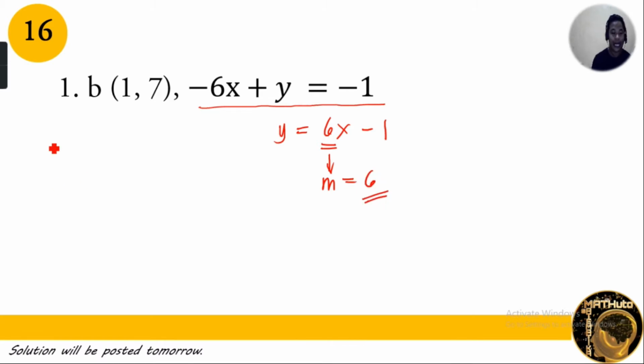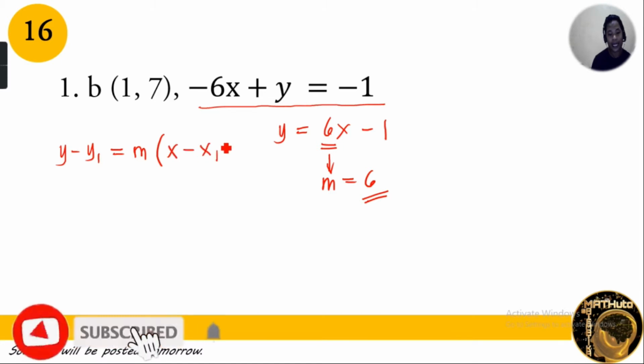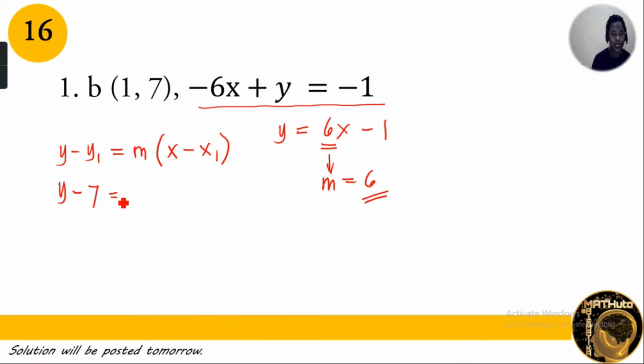And then, using the equation y minus y sub 1 is equal to m times the quantity of x minus x sub 1, we have our y sub 1 is 7, our m is 6, times the quantity x minus 1, which is our x sub 1.